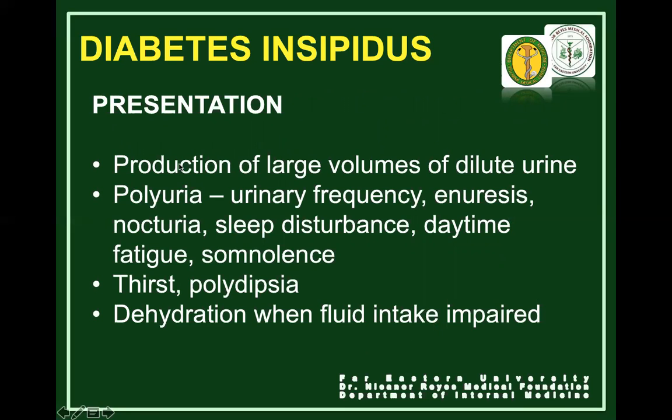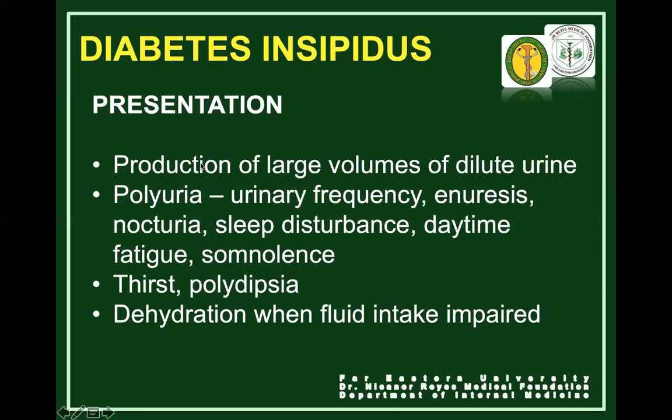So you can present with polyuria, okay. You can have urinary frequency, enuresis. You can have nocturia, sleep disturbance because you need to go to the bathroom a lot of times. You can have daytime fatigue because of the sleep disturbance, and also somnolence. You get very sleepy because of that.